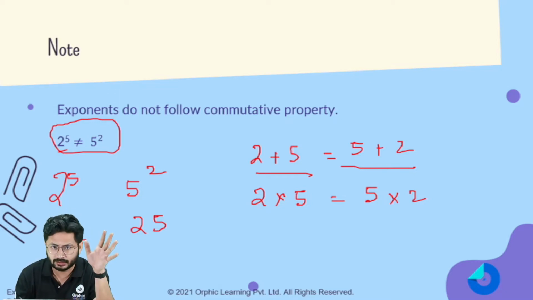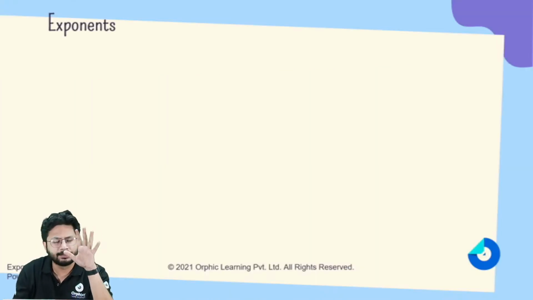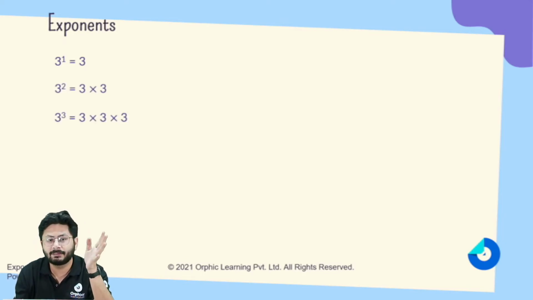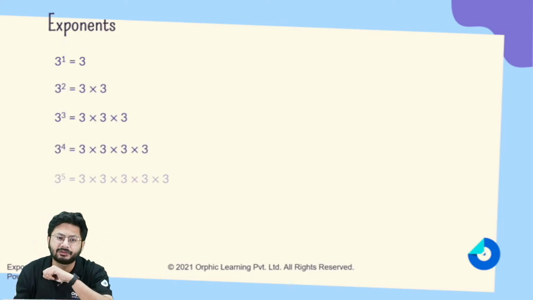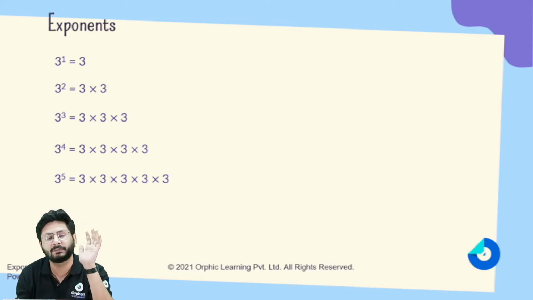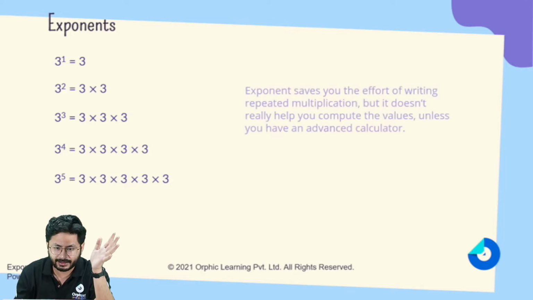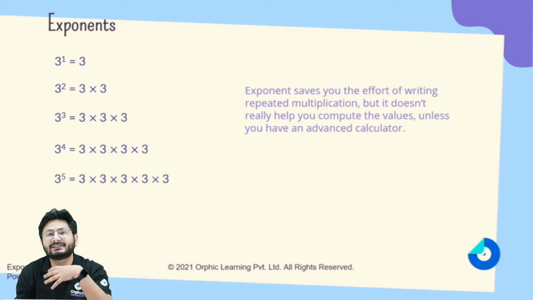Okay. Now let's simplify some exponents. 3 to the power 1 is equal to 3 itself, 3 to the power 2 is 3 into 3, 3 to the power 3 is 3 into 3 into 3, and so on for 3 to the power 4 and 3 to the power 5. I'll again repeat the same thing: exponents save us the effort of writing repeated multiplications, but they never help us in calculation.